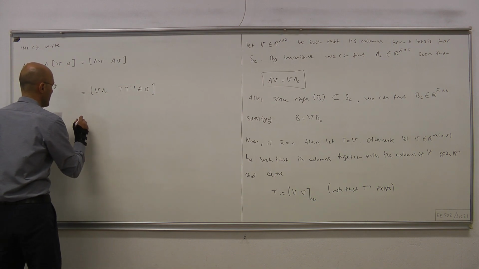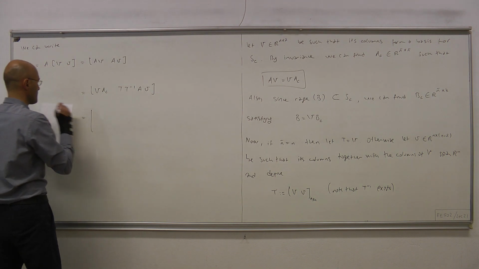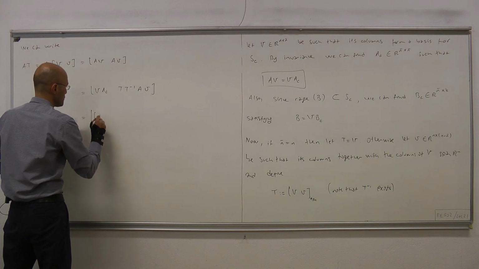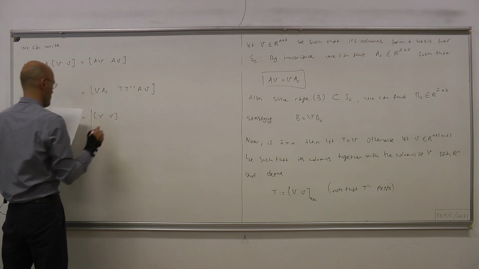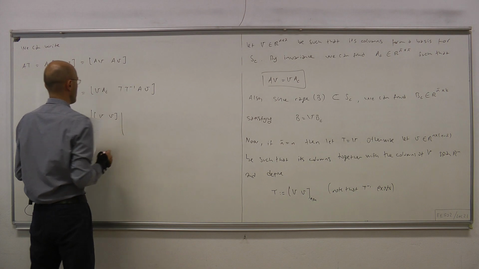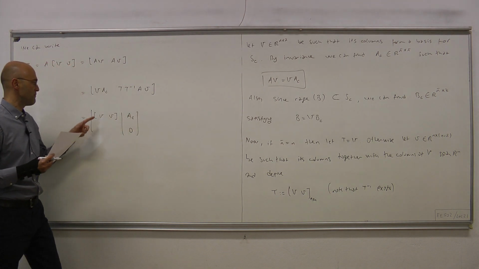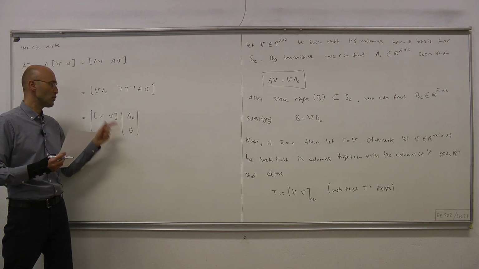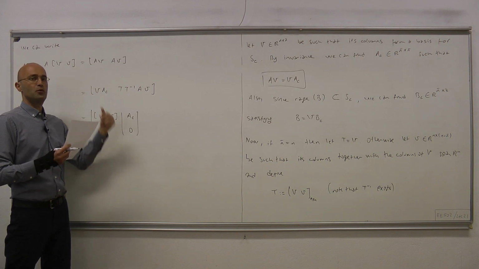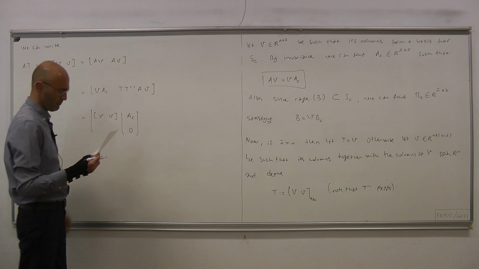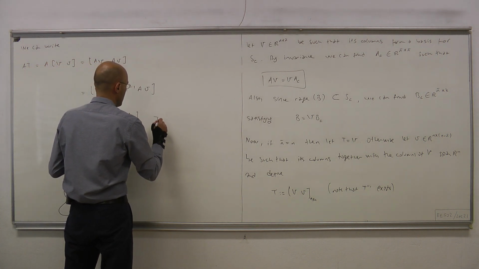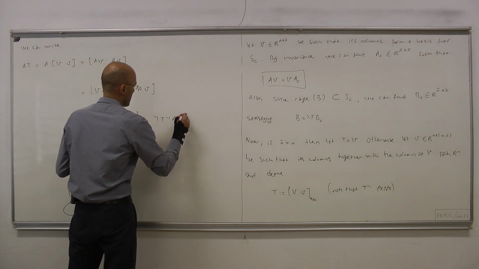Okay, and that can be written as follows. This VAC equals the matrix VU times the matrix AC, 0. Okay, V times AC plus U times 0. U times 0 is 0, so that produces VAC. And here we still have T inverse AU.